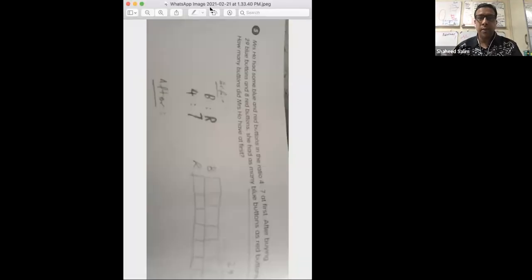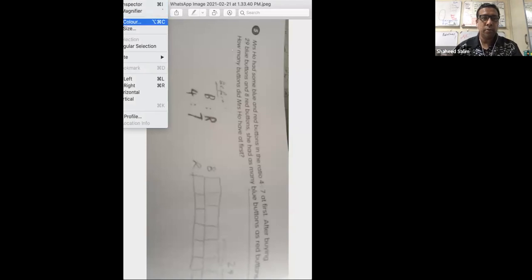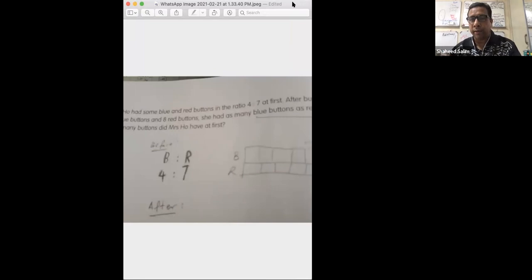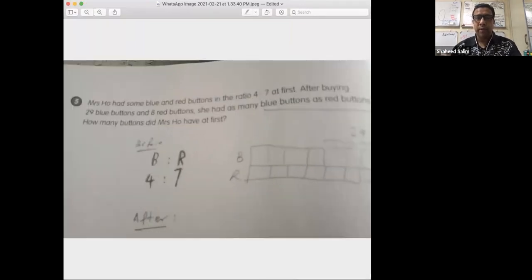We go one by one first. Okay, I'll share screen. Can you see this? So now I'm gonna use tools. Okay, is it the correct direction? Correct. Okay, let's see now.